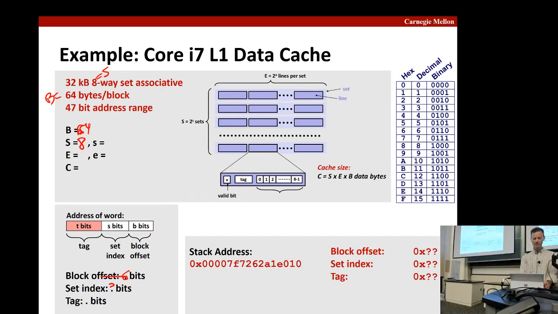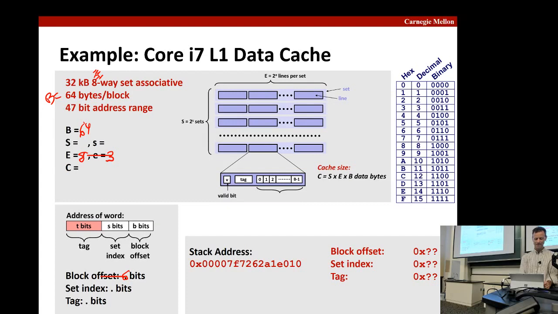Sorry, this is E, I got this backwards. You guys should stop me when I make stupid mistakes. Good, you need to look around more. This is E, all right, there we go, much better. So E is 8, which makes this 3.